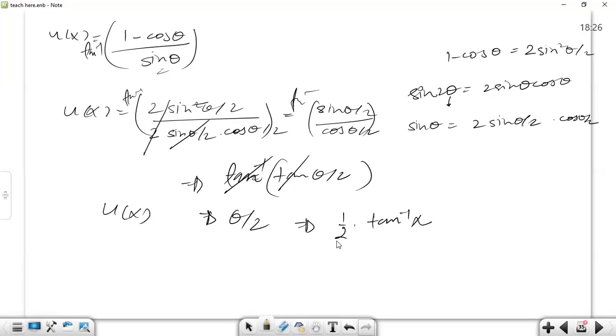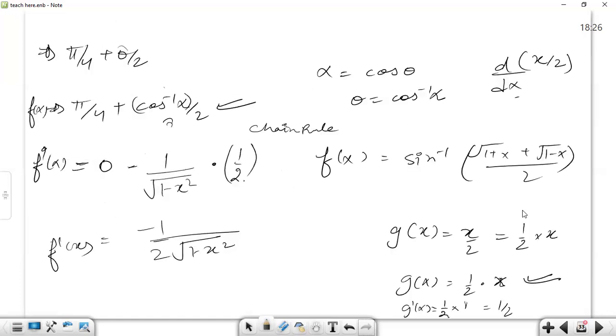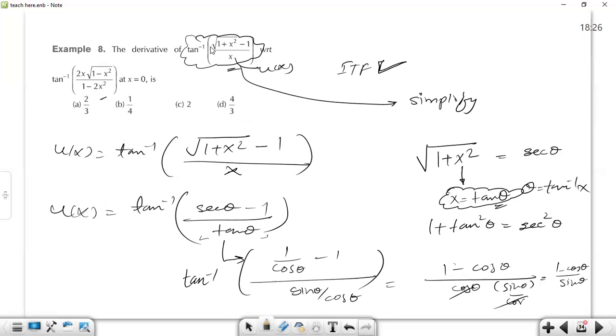So we have simplified u of x. If we look at the question, there is a u of x and we have to differentiate this u of x with respect to, let's say, v of x.